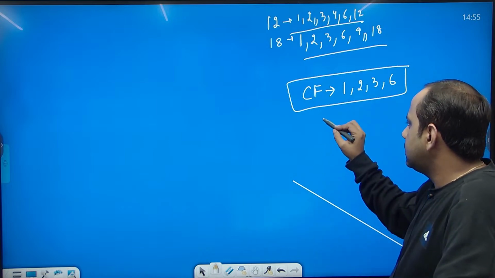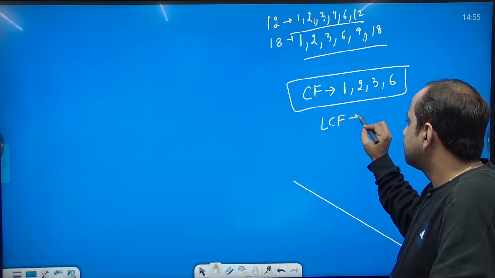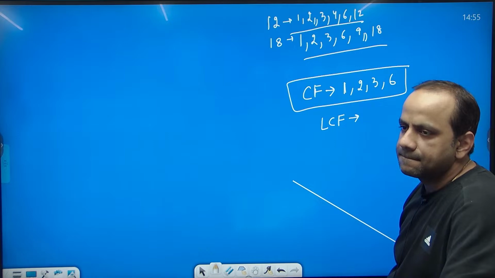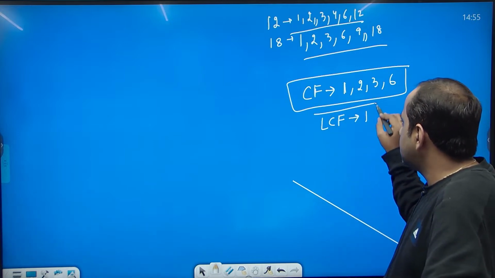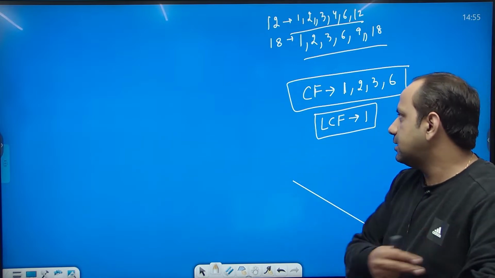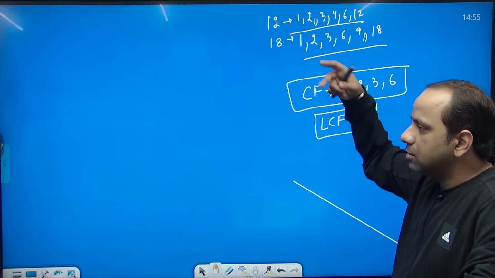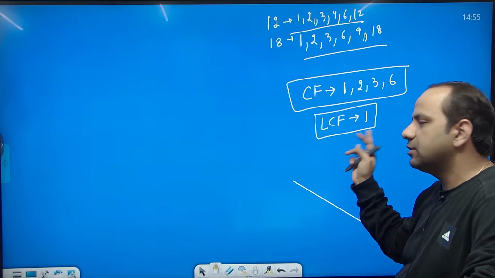So if I say I need to write down LCF, what is LCF? So LCF will always be 1, whatever the numbers are, because 1 is a factor of everything. So if you take 2 numbers, 3 numbers, 4 numbers, LCF will always be 1.